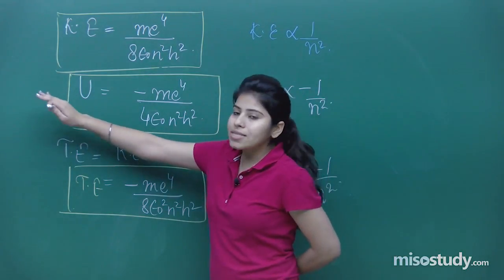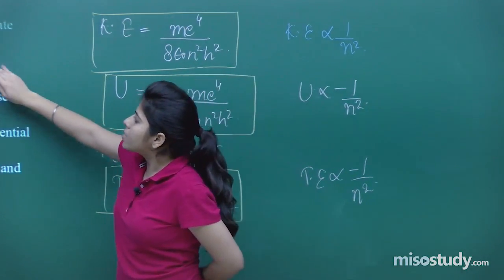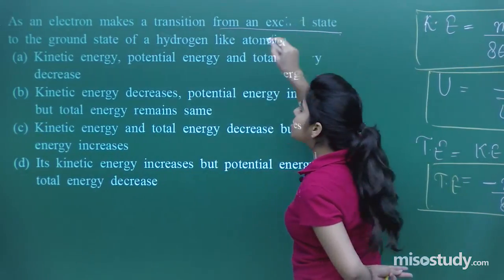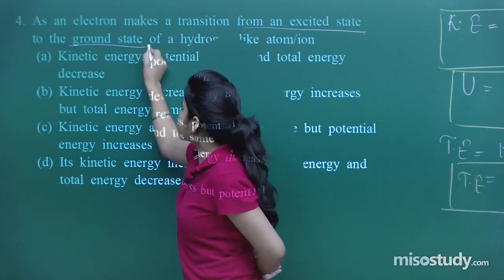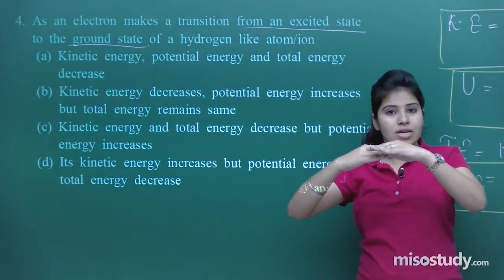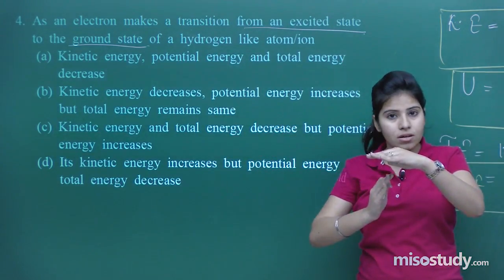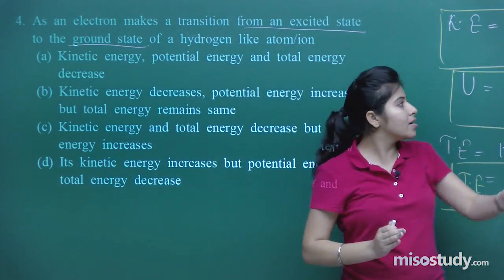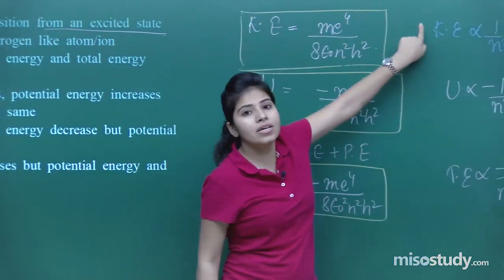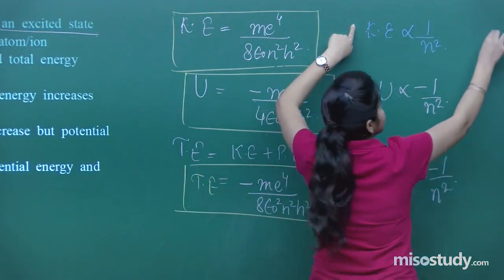So if the electron is making a transition from the excited state to the ground state, that means n is decreasing, right? If n is decreasing, your kinetic energy should be increasing.